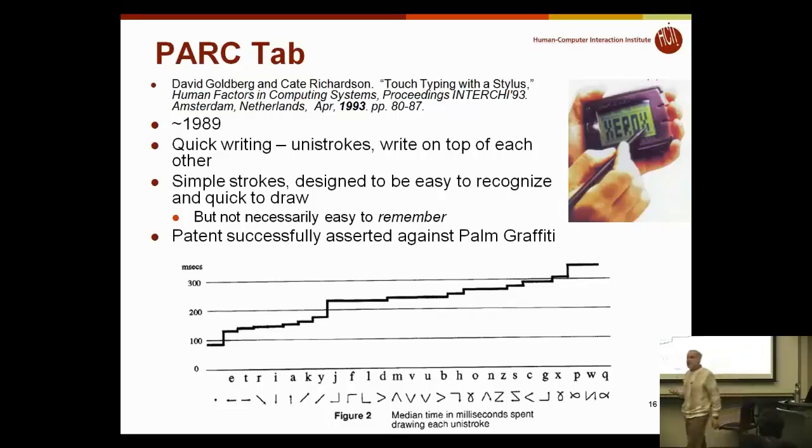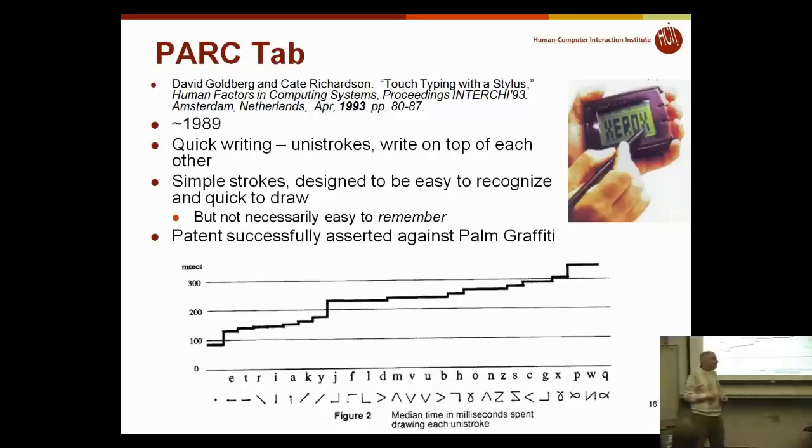And so the idea is that you don't have to move, unlike handwriting where you go across the page. You just do things on top of each other. And he designed the strokes to be as small and fast as possible. So horizontal stroke this way means something, and horizontal stroke the other way means something else. And diagonals up and down.